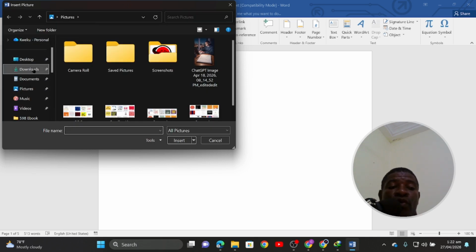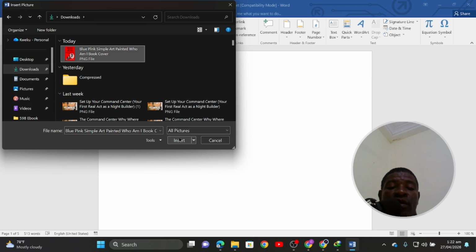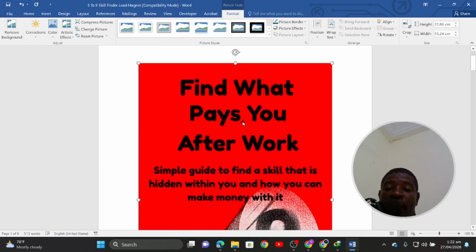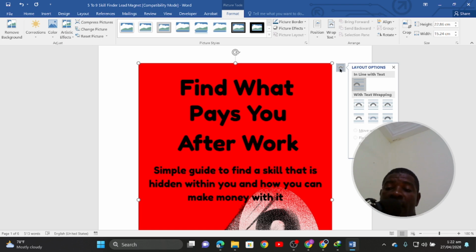Okay, so I'll go to my document, download, and then I put it here. So I'll right click on this, I'll click on this small icon here. Okay, it's the wrapping options.